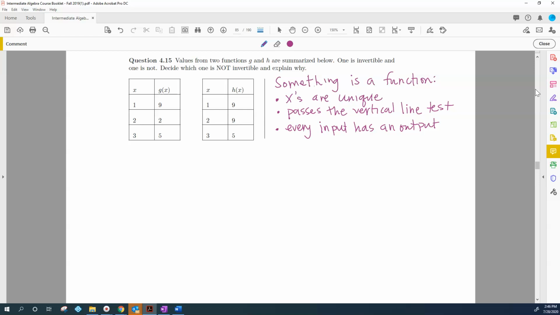Okay? So I want you to look at these. If we are looking at this first one here, would you say this first one is a function or not?